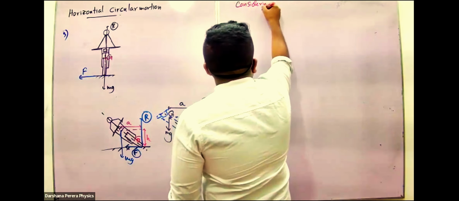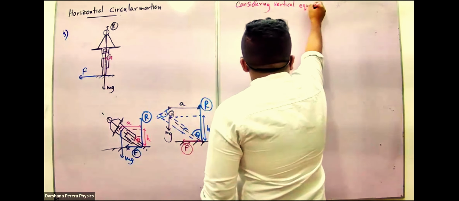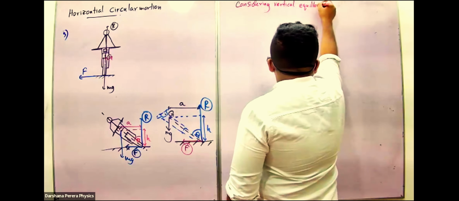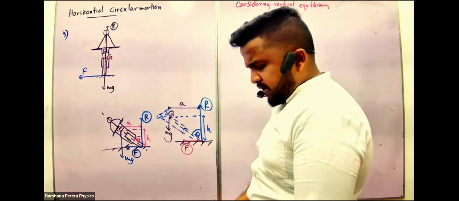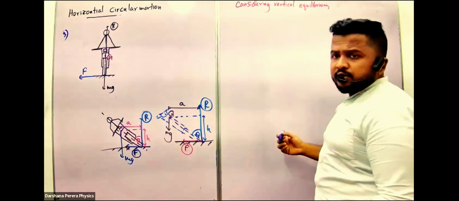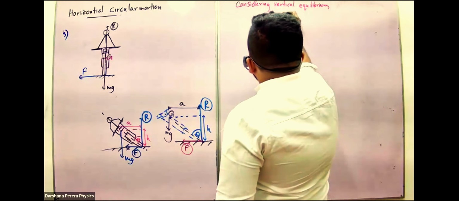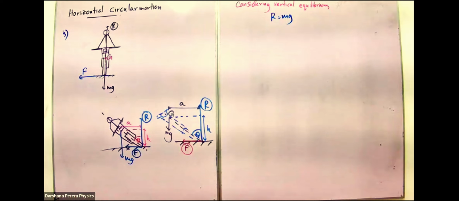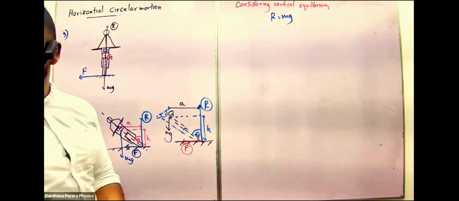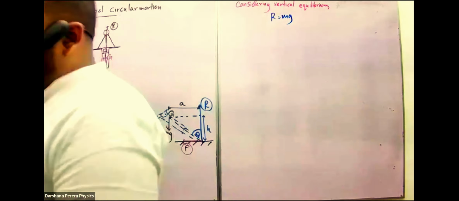Considering vertical equilibrium, we can tell R equals mg. Most of the time we use these steps.